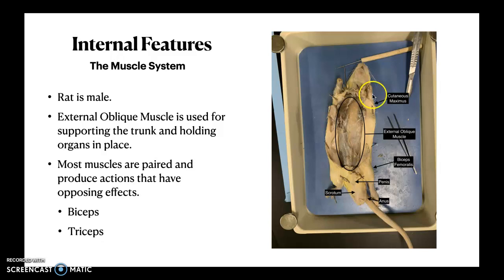We also know that the rat has two different forms of muscles to help in locomotion. They have the cutaneous maximus and the biceps femoralis, which are basically our biceps and triceps. And these muscles are paired and they produce opposite actions. So as one goes one way, the other goes the other, and this helps that locomotion for rats.